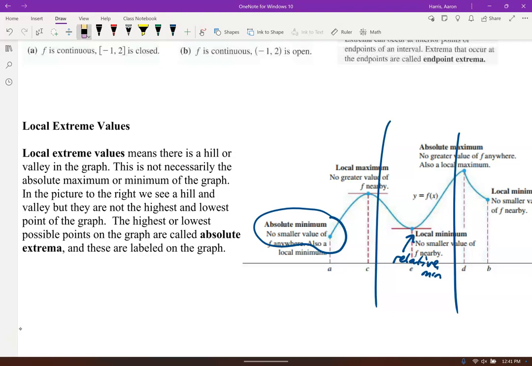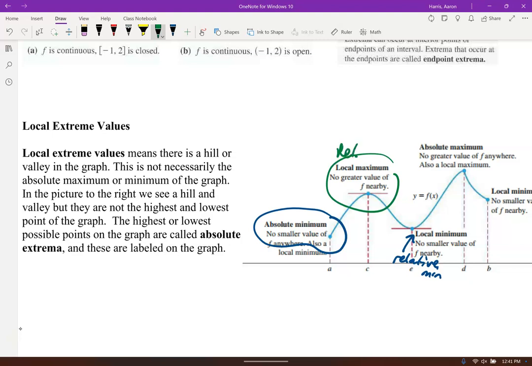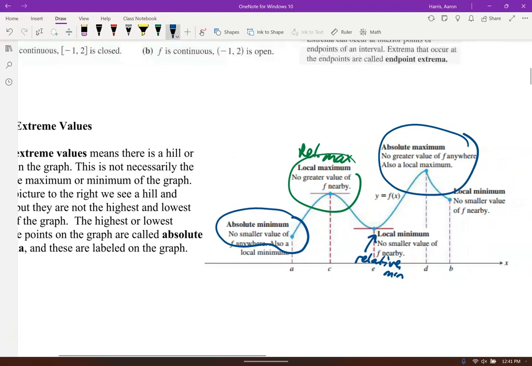Relative or local minimum. All right. So here we've got a local maximum, or again, relative maximum is the same thing. But that's not the highest point. This is the highest point right there. There's our absolute maximum. That's the highest point on the graph.